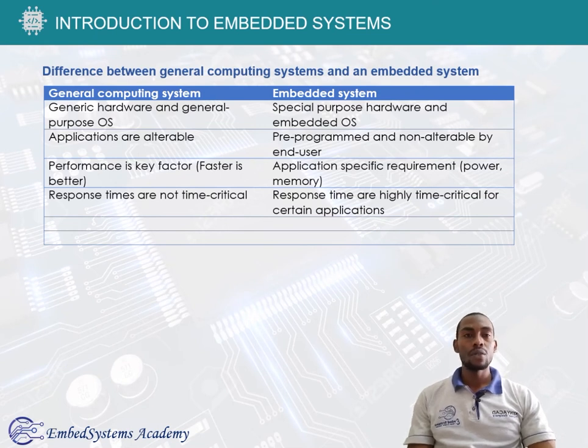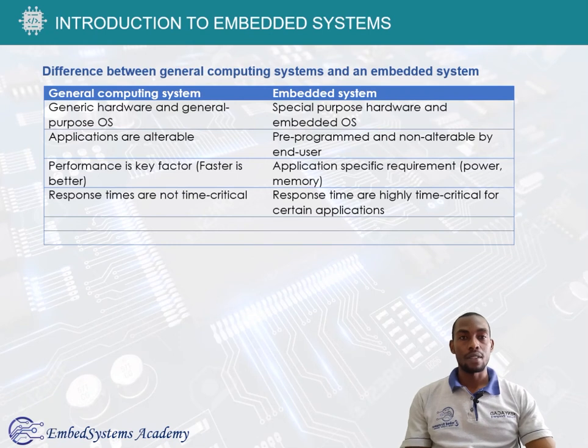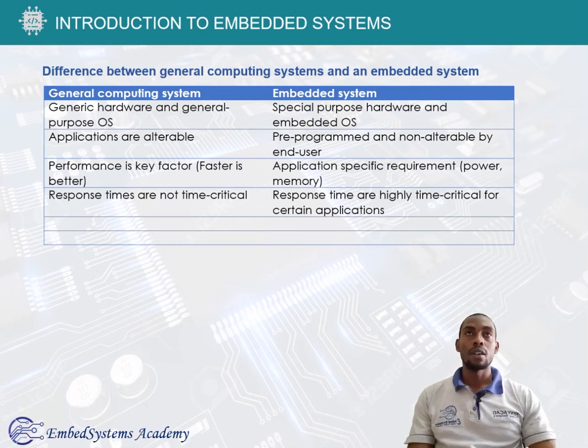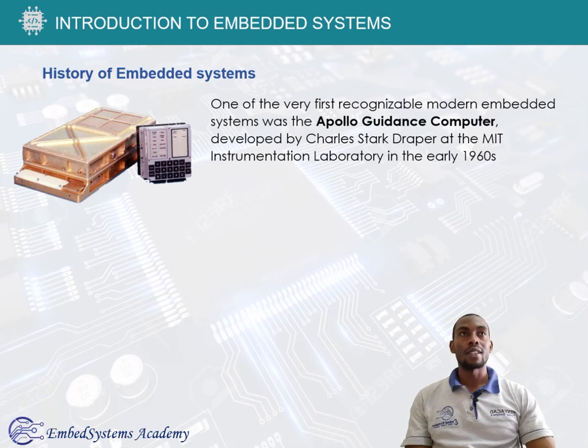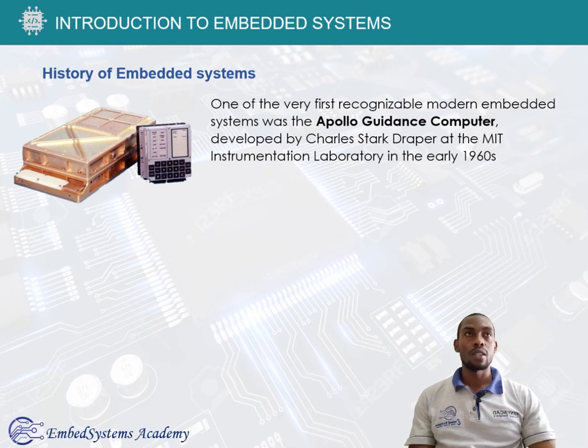So when did we start having embedded systems? Just a short history: one of the very first recognizable modern embedded systems was the Apollo guidance computer. It was the first modern system to collect and provide flight information to automatically control all of the navigation functions of the Apollo spacecraft.